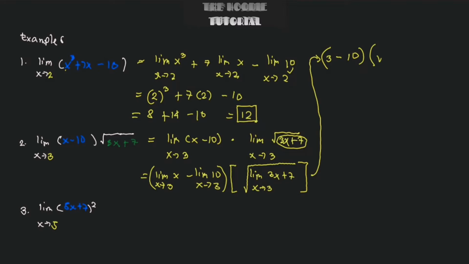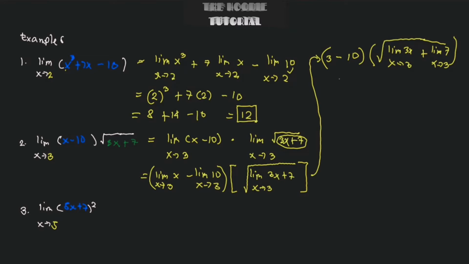That is a radical. So let's just put right there the limit of 3x, since we are going to evaluate each of the terms as x approaches 3, plus the limit of 7 as x approaches 3.